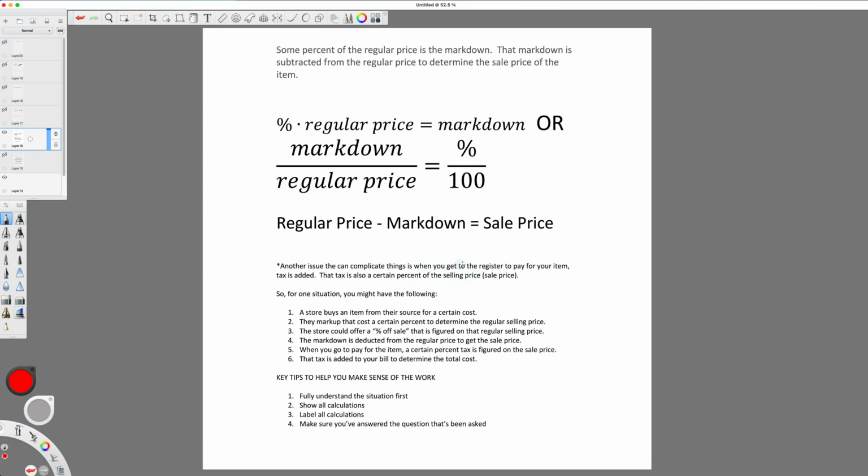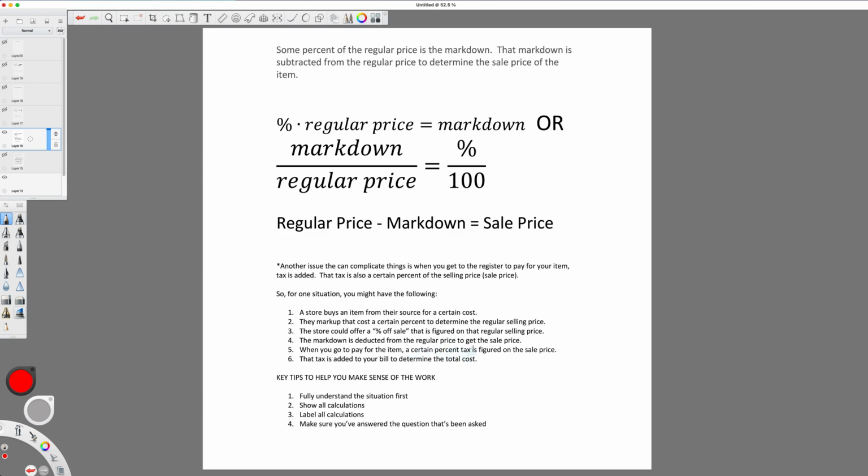So just for one item, a store buys it for their cost. They mark it up a certain percent to determine what they put on the sticker. Then they can offer you a percent off sale, and that percent is figured on that regular selling price. But then they mark it down that much when they get to the register and they show you how much money you're saving. But then when you go to actually pay, they add the tax on.